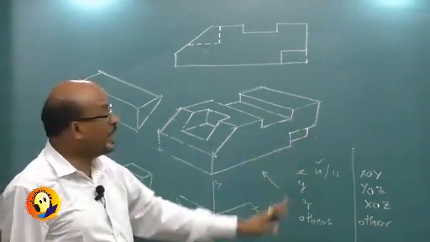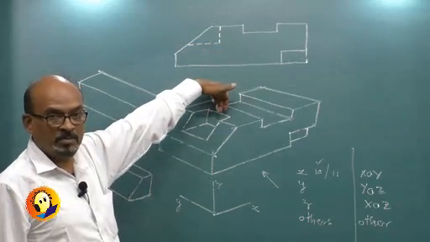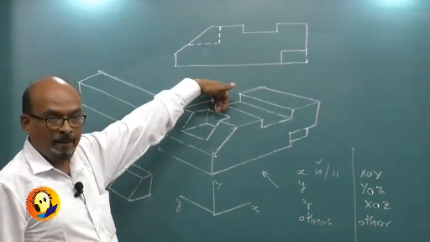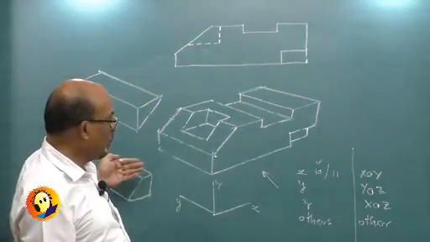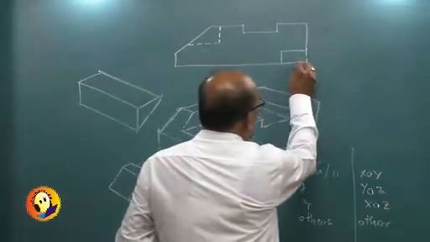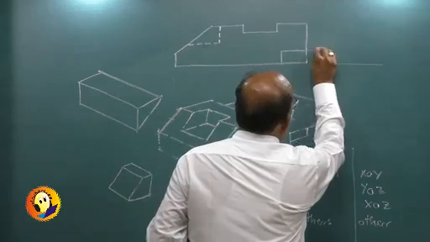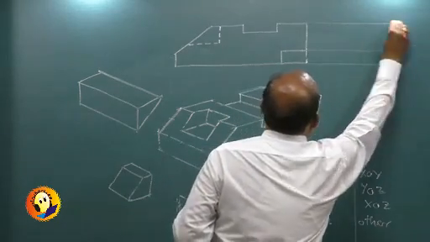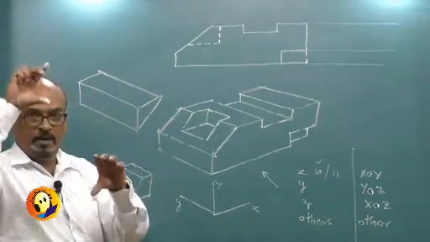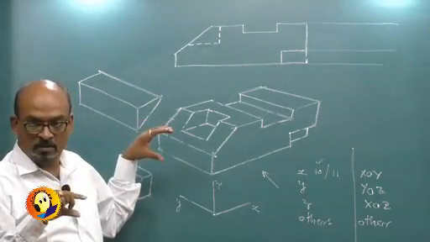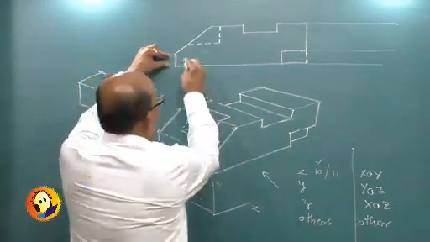Right? So I need to look from another direction. That is top view. And I need to look from left. If I look from left, see, I don't want these views to move up and down. There is a perfect relation.